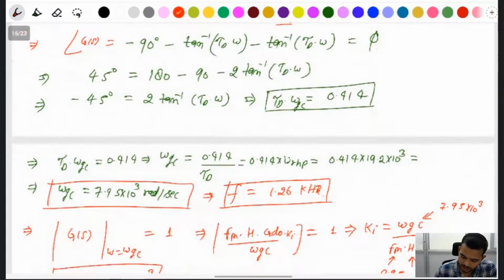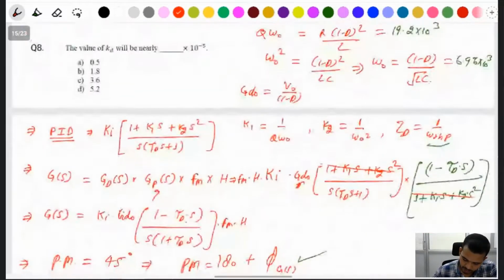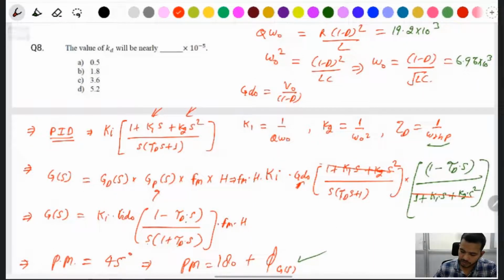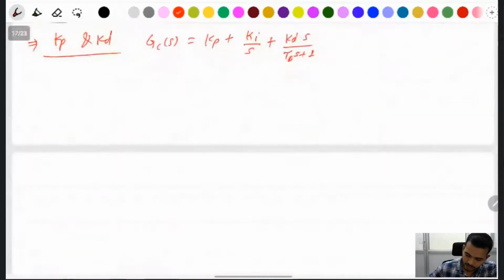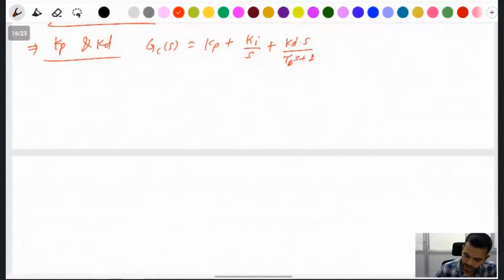Let us find the values of K1 and K2 from the transfer function PID. Find K1 and K2, and compare to this one, K1 K2, which is in terms of Kp, Ki, Kd. Compare this and find the values of Kp, Ki and Kd. You can find all of them.